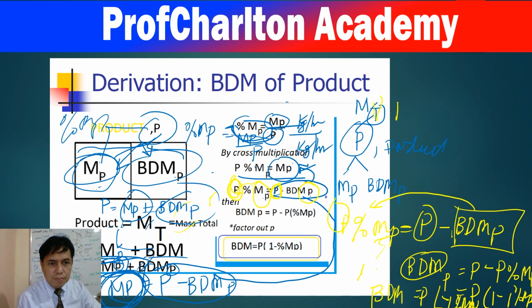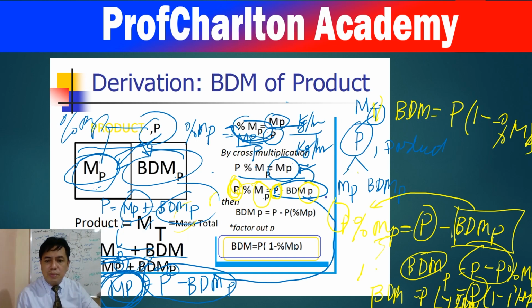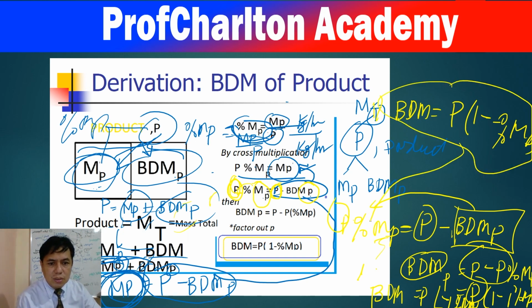Bone dry mass is P, because there's a common P here, right? P minus P percent MP. So P times quantity 1 minus percent MP. So this equation here is also this one. So we were able to derive BDM equals P times 1 minus percent MP.